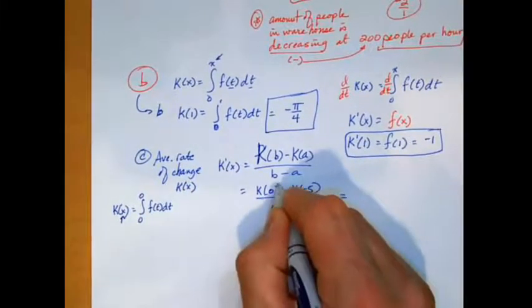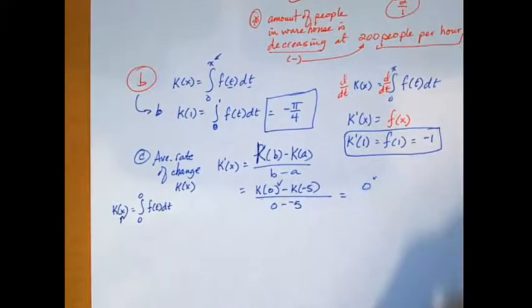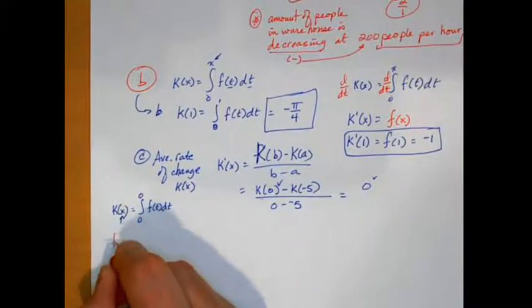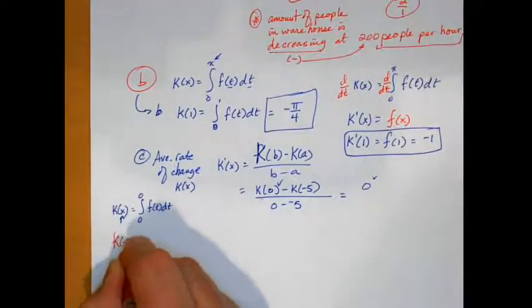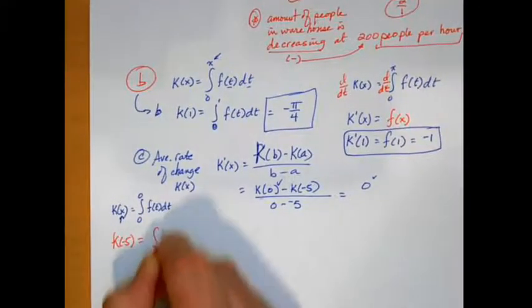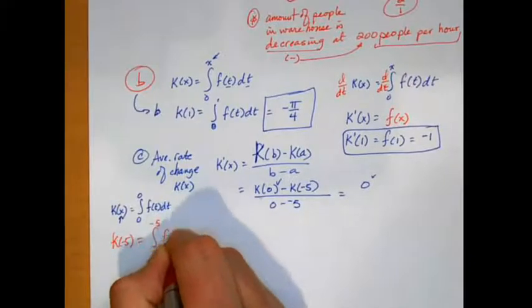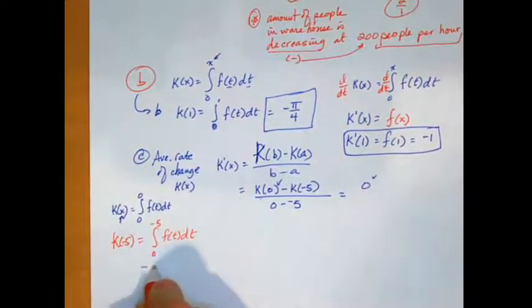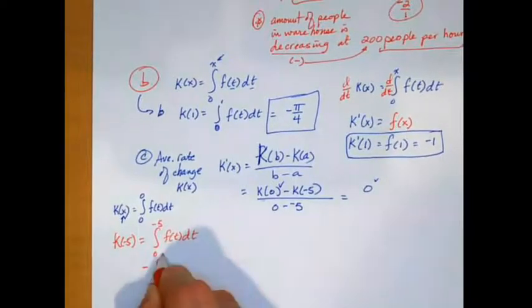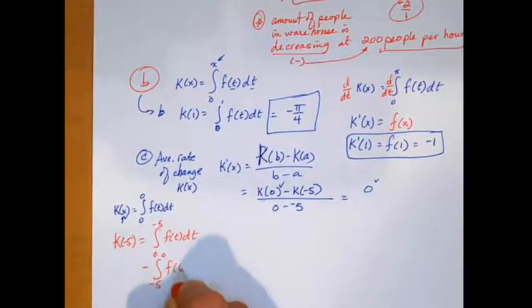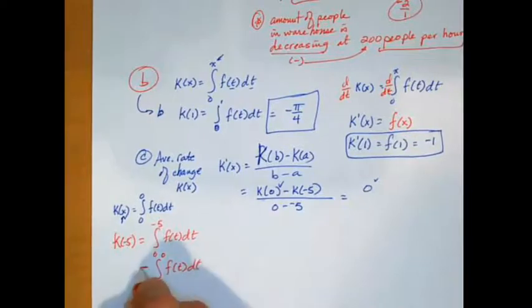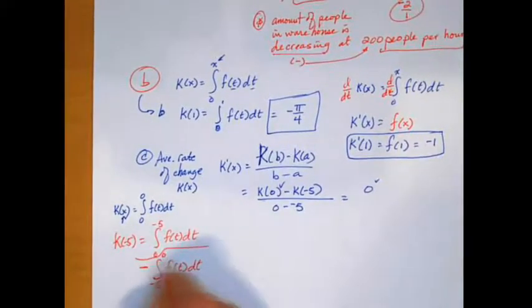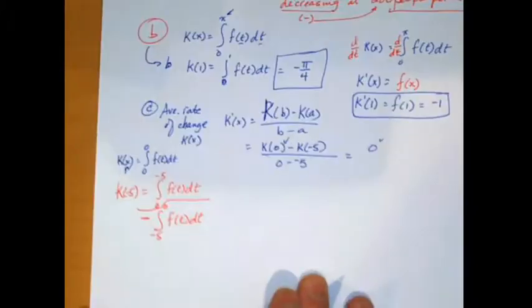So this value right here is going to be 0. K of -5 is going to be the integral from 0 to -5 of f of t dt. If you want to look at it another way, go from -5 to 0 and flip it, basically. If you flip the integral, it's the negative area underneath.